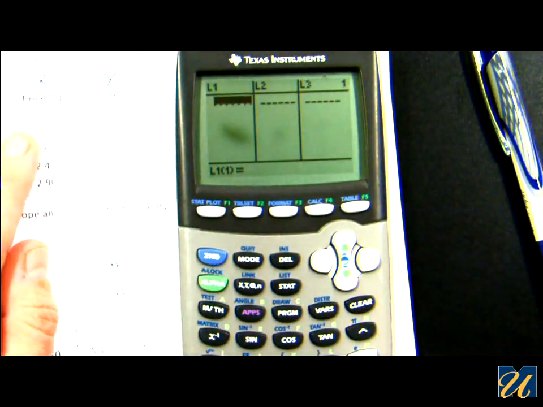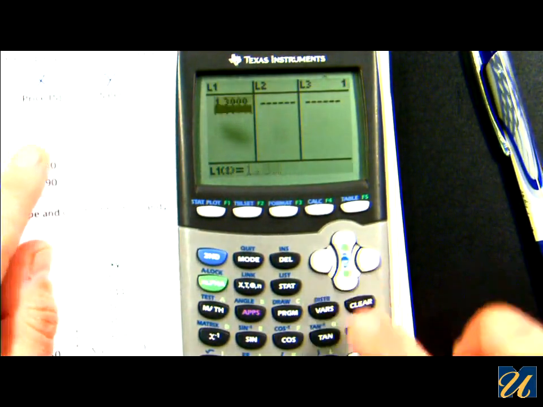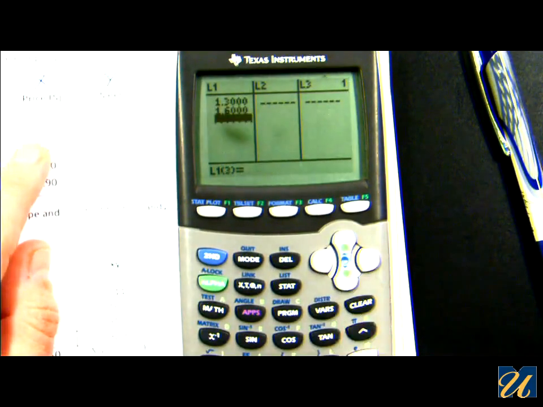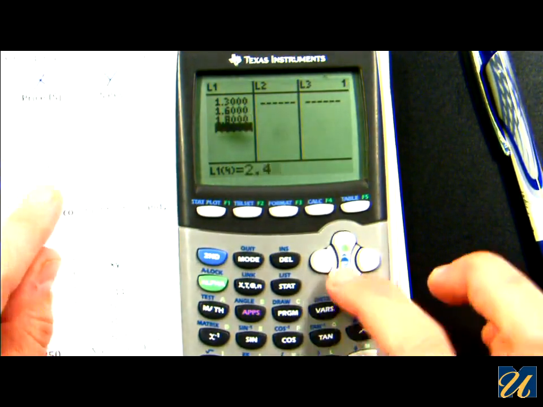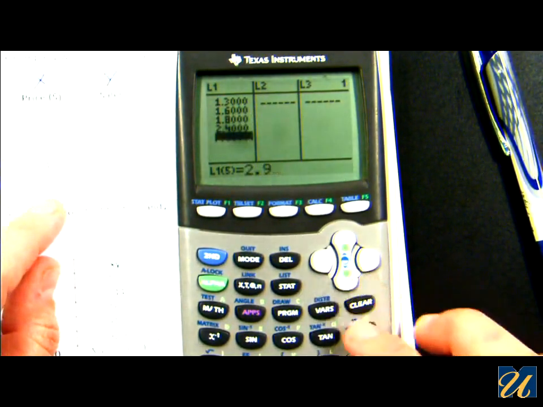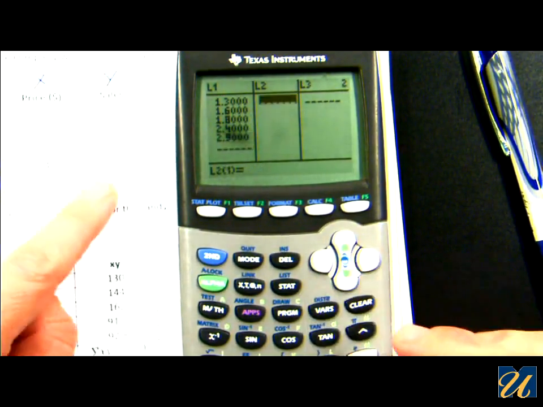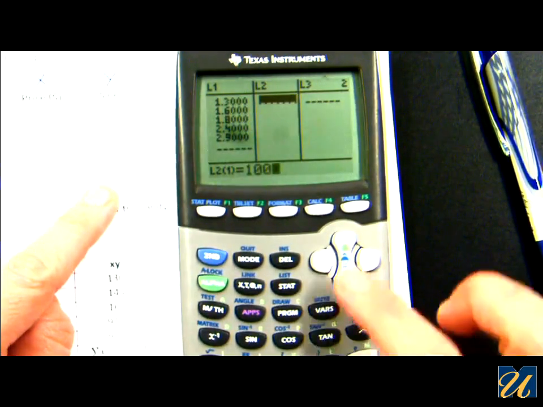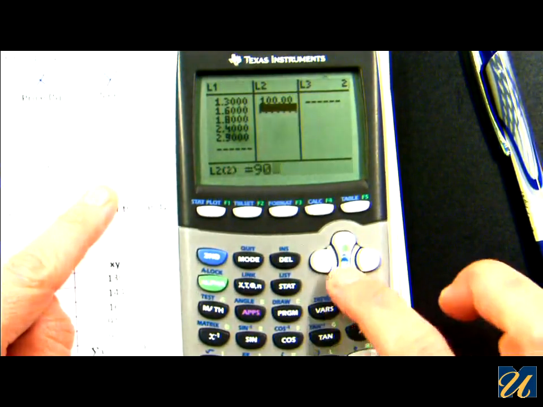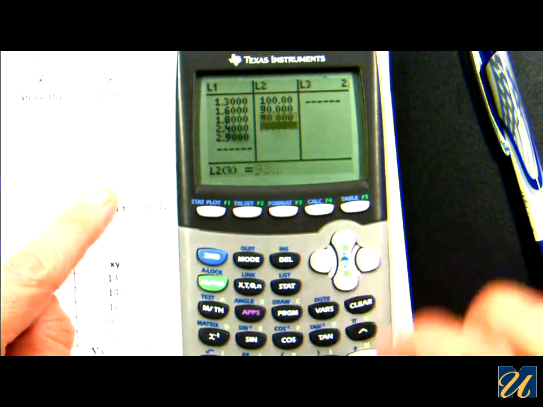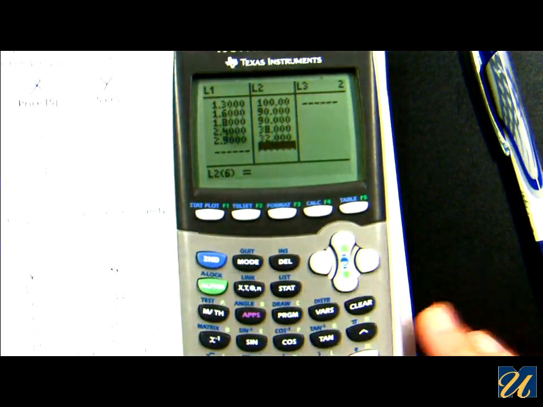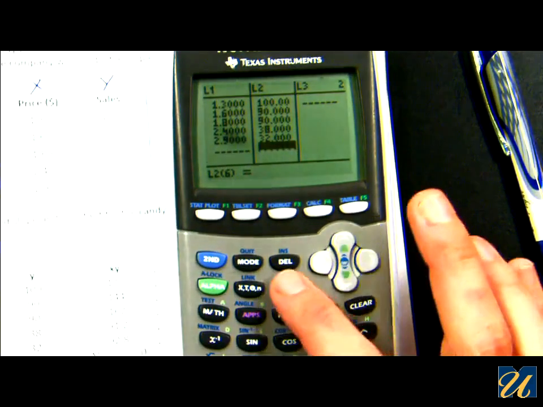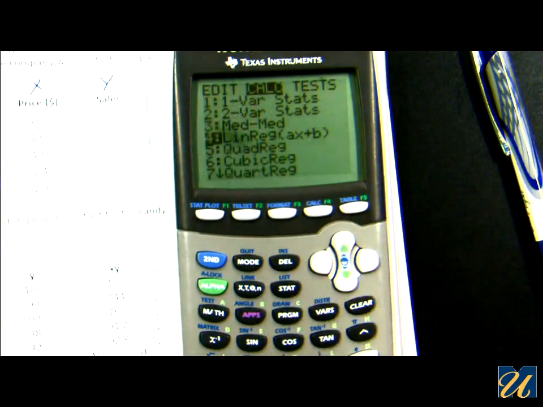So this will be 1.3, 1.6, 1.8, 2.4, 2.9. And for y, 100, 90, 90, 38, 32.